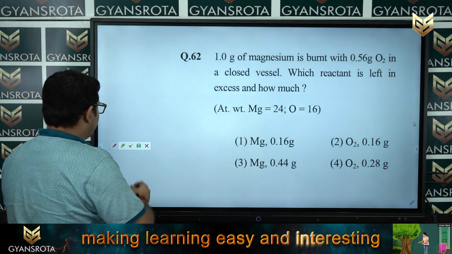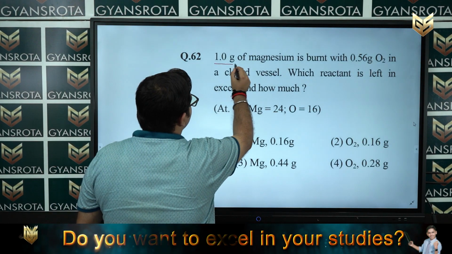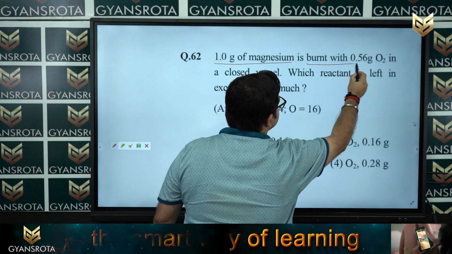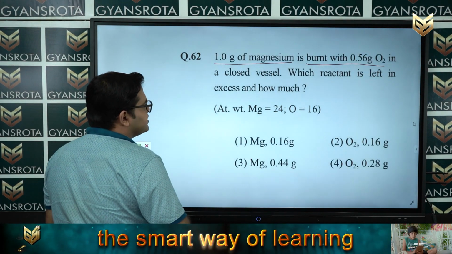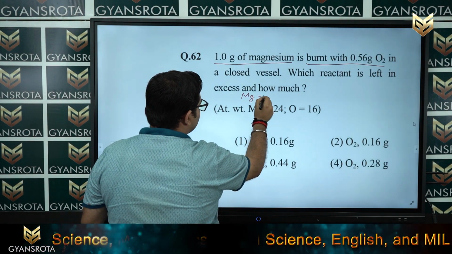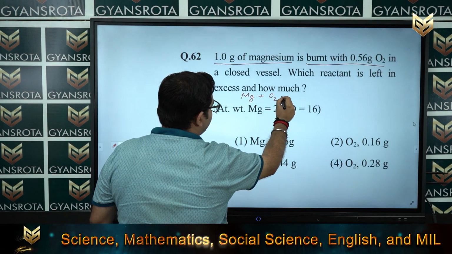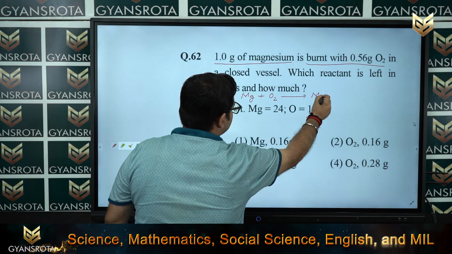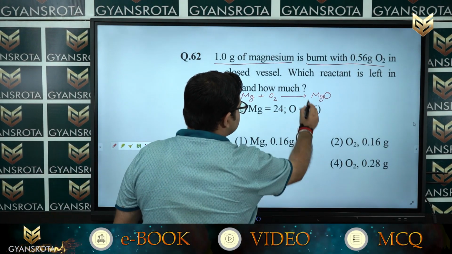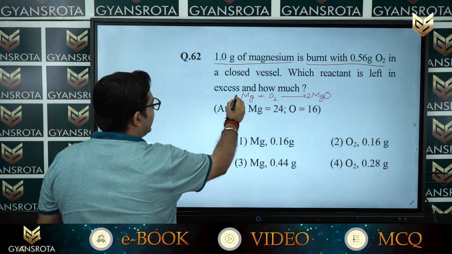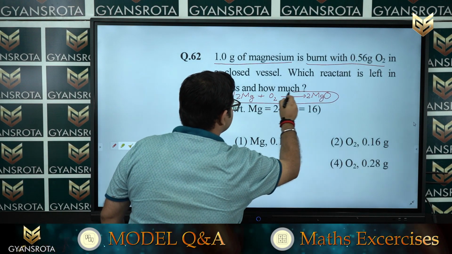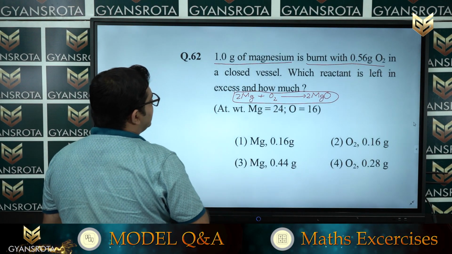They give you 1.0 gram of magnesium burnt with 0.56 gram of oxygen. What is the reaction here? Magnesium, when it reacts with oxygen, gives magnesium oxide. Now, if you balance this equation, 2 Mg and 2 MgO will be there. So, this is the resultant reaction.